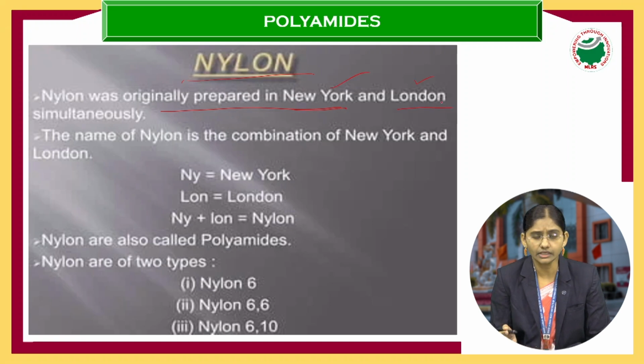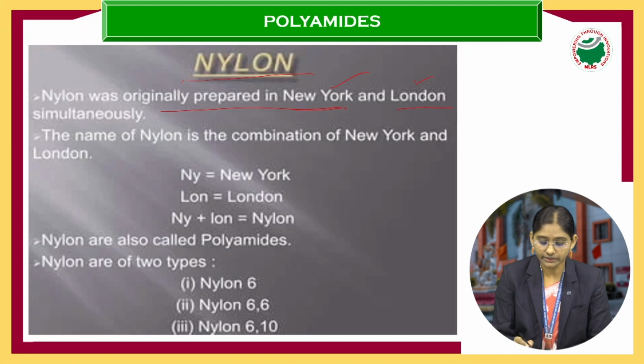So after the two cities, it is named nylon: NY means New York and LON means London. These nylons come under the class of polyamides.